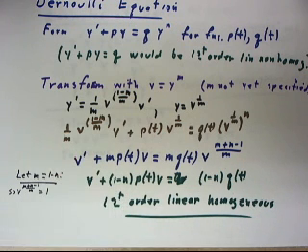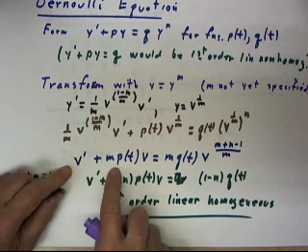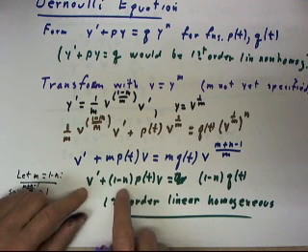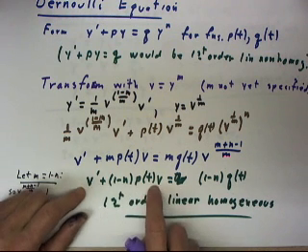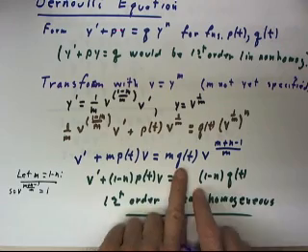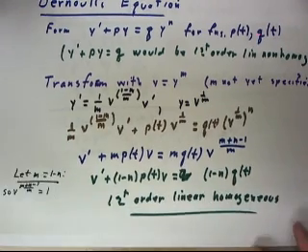What we see is that our equation becomes v prime plus m p of t plus 1 minus n p of t v equals 1 minus n times q of t.